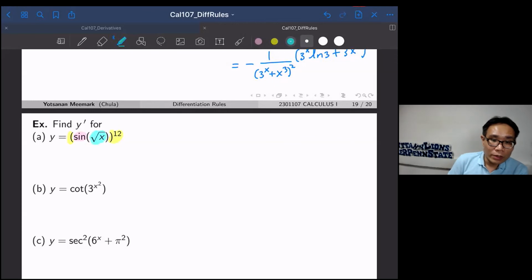So this one is the composition of more than two functions. It's going to turn out to be three functions here. So you have the first function, the second function, and the third function.